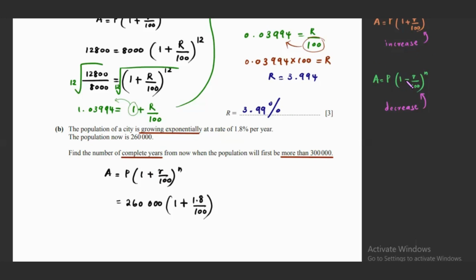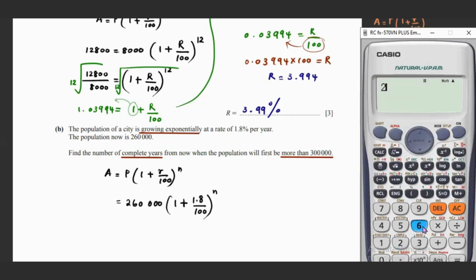The minus is when there is an exponential decrease. But in this case, as it's an increase, we had to pick the one with the plus. And N is the power. We need to find what this N is when this amount should be more than 300,000. According to this question, it clearly states when the population will first be more than 300,000.